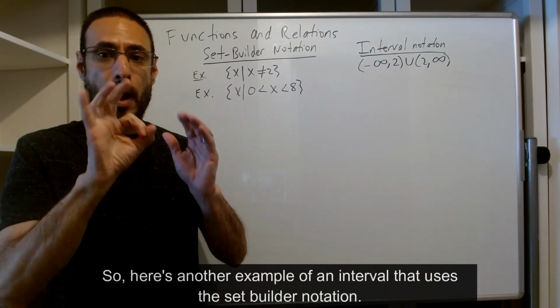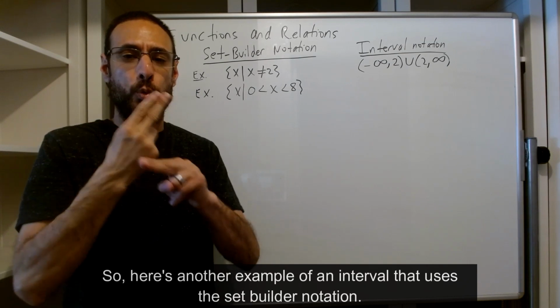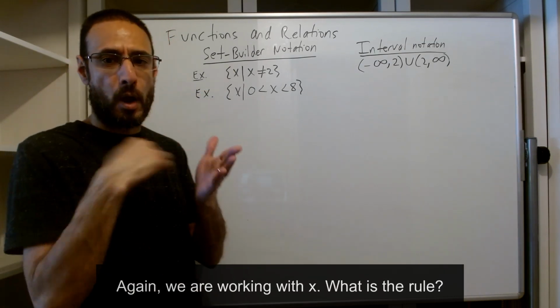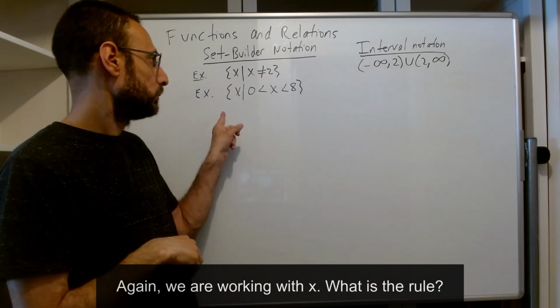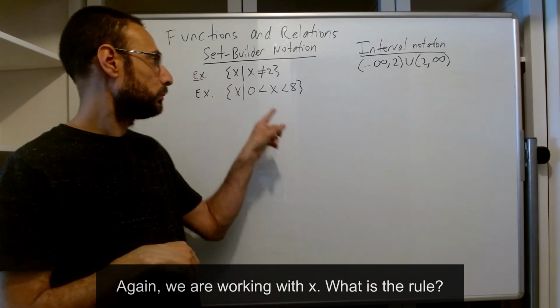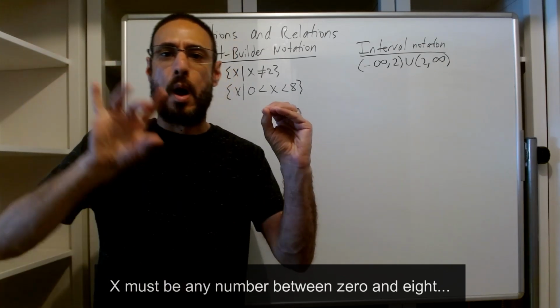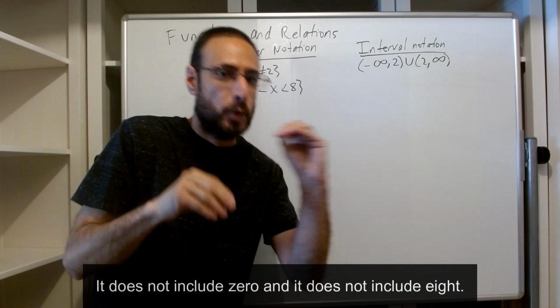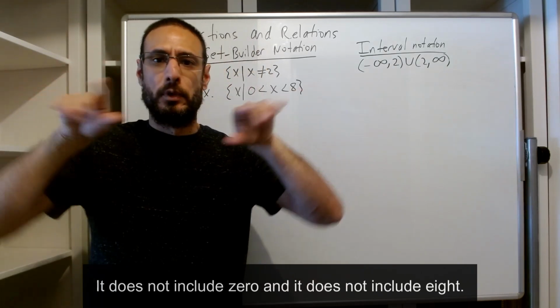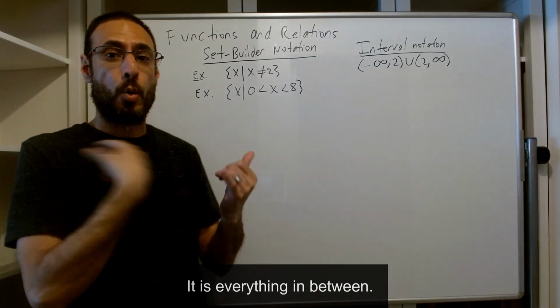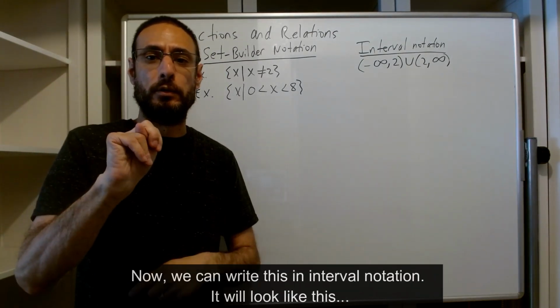Here's another example of an interval that uses the set builder notation. Again, we are working with x. What is the rule? x must be any number between 0 and 8. It does not include 0 and it does not include 8. It is everything in between. Now, we can write this in interval notation.